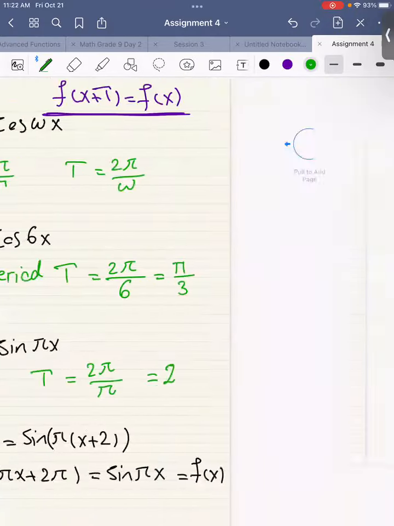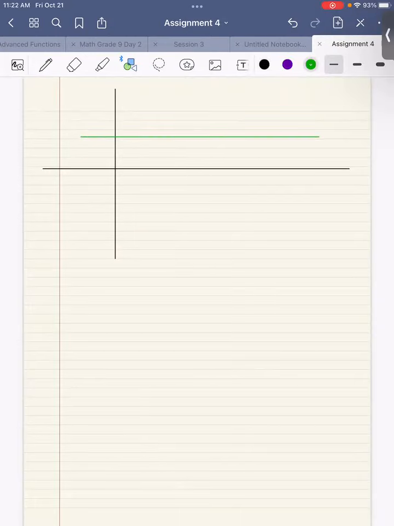Let me help you draw cosine of x. I assume you know cosine of x, okay? Let me just write the minimum and maximum. Imagine this is cosine of x.